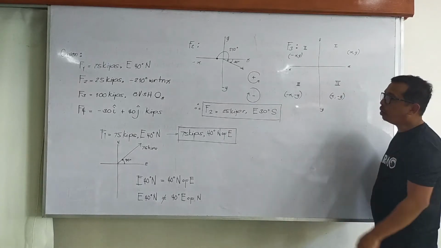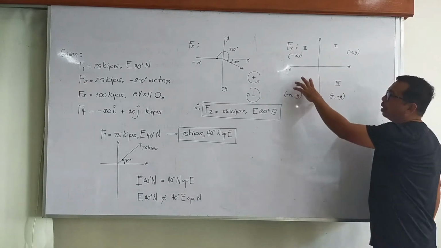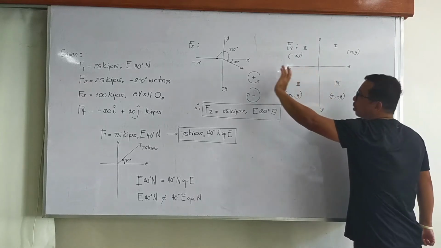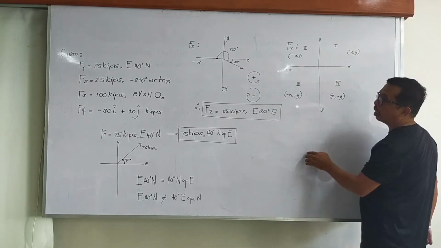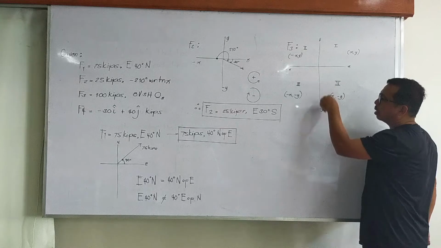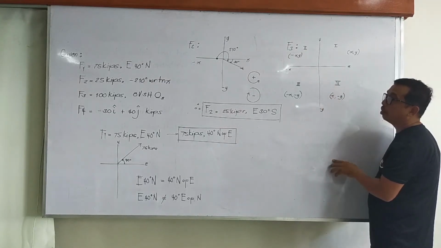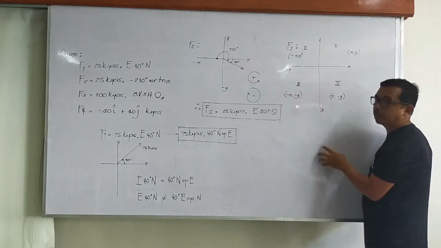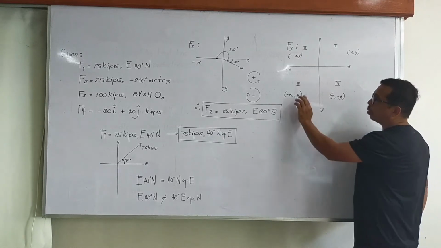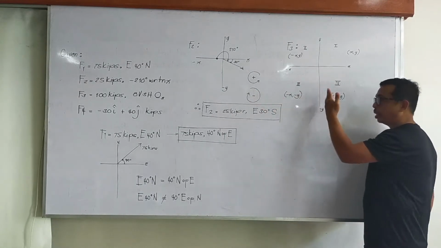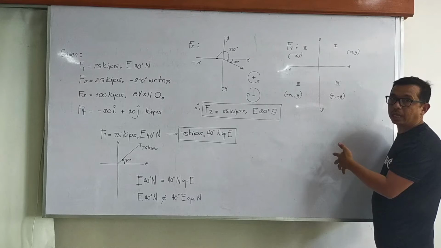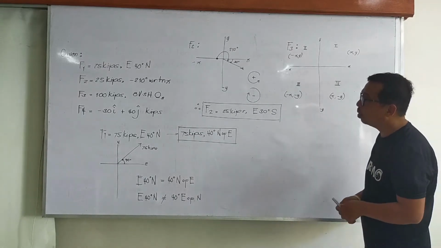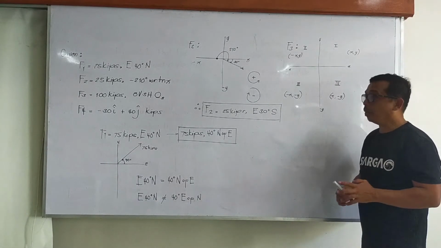So, yung horizontal, dahil third quadrant siya, ang titingnan natin horizontal is yung negative x at ang 8 vertical ay naroon sa negative y. Bakit? Kasi nasa third quadrant. For third quadrant, we have the west and the south axis.